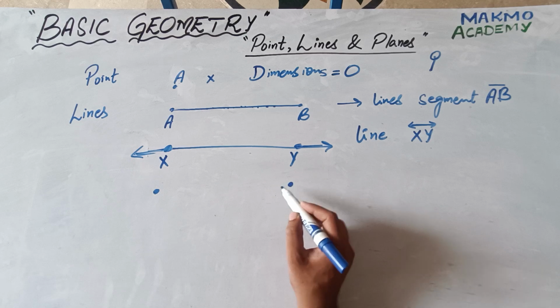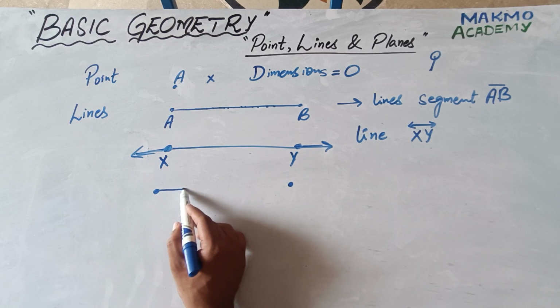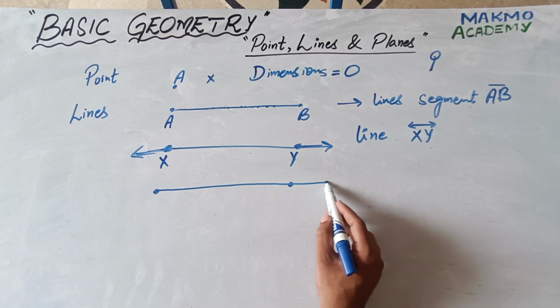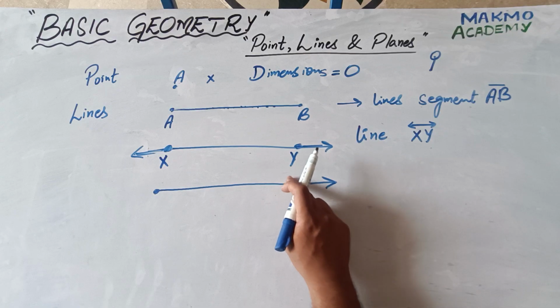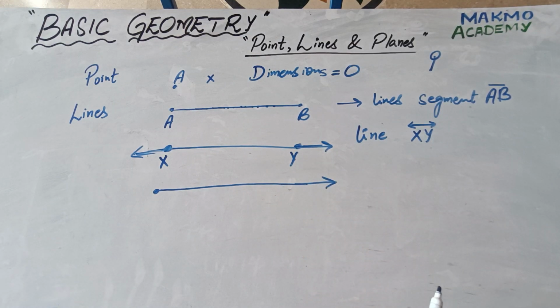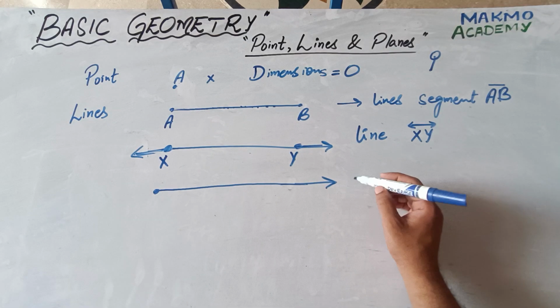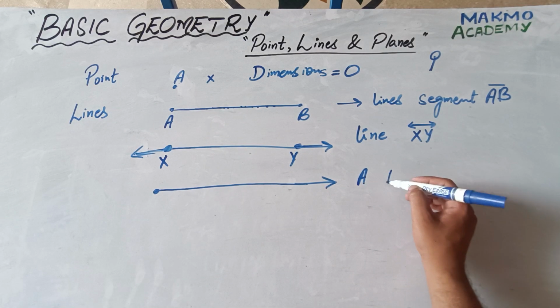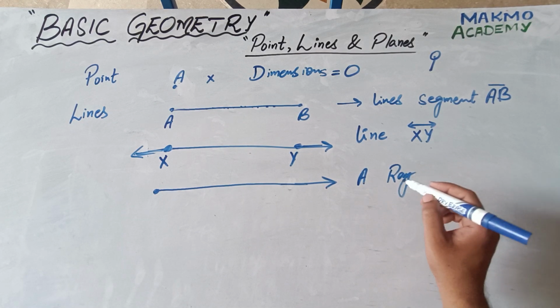But there is one more case. If one endpoint is fixed and the other point is not fixed, meaning the line is going in one direction, that is called a ray.